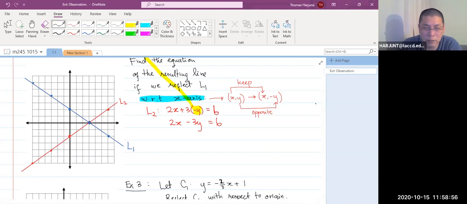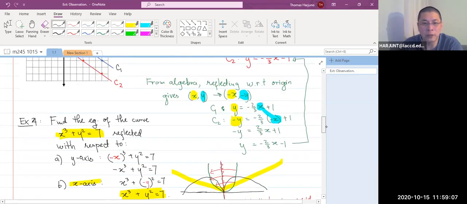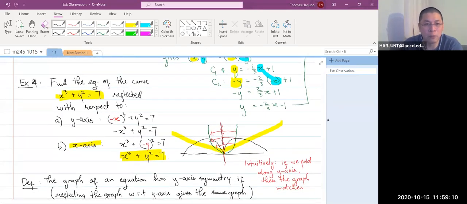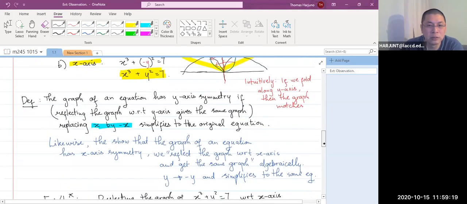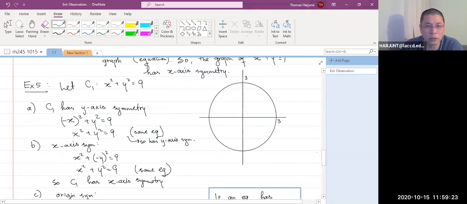In example 4, we have x-axis symmetry, but no y-axis, no origin. You can check the origin, but you will not see the symmetry. When we look at the circle, it has all three, but you cannot find a case where it has only two of these three symmetries. No way.